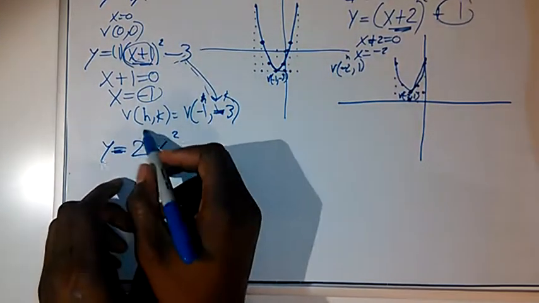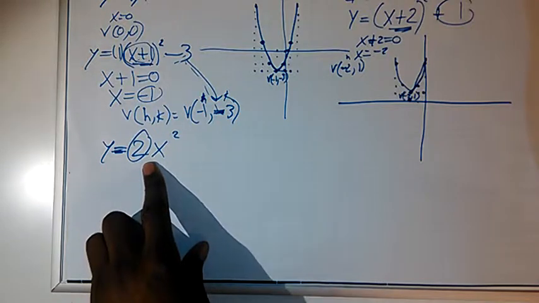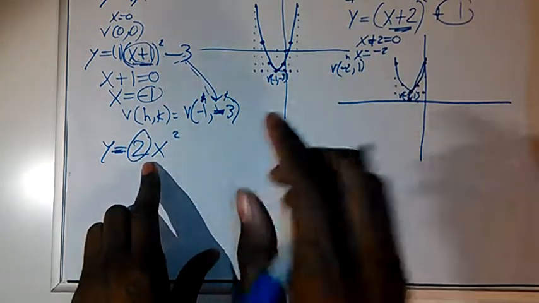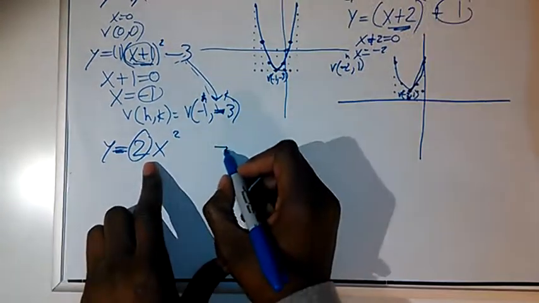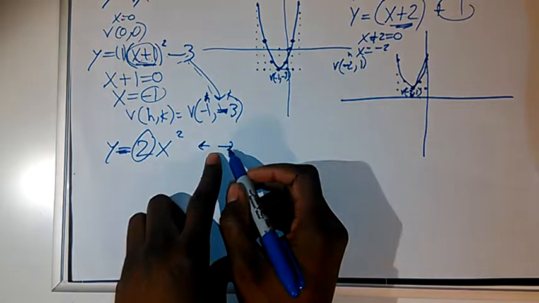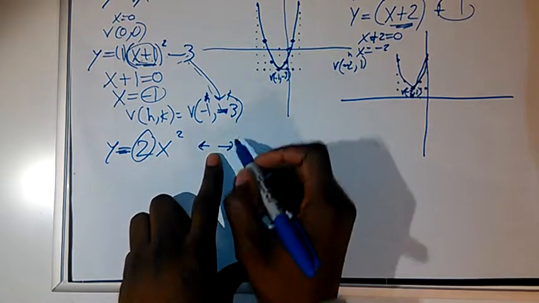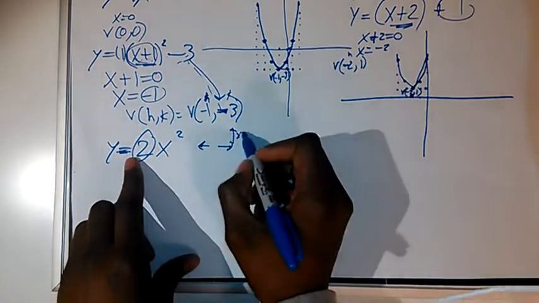But the difference is, since there's a 2 in front of the x squared, we need to multiply the pattern by 2. So we're going to go right or left, right? Let's look at the right side. We're going to go right once, and then up once times 2.